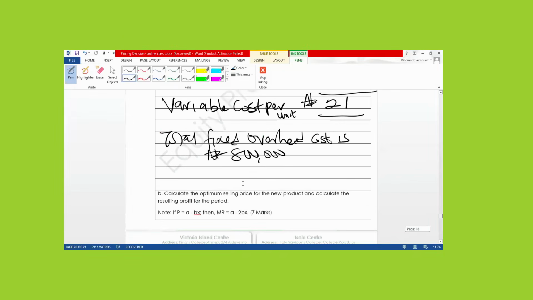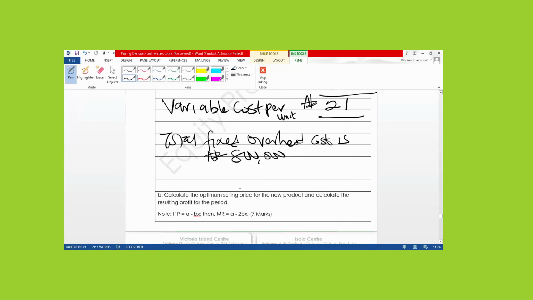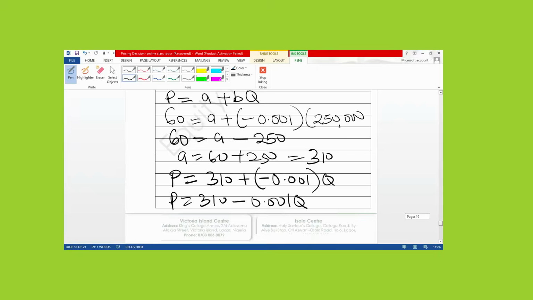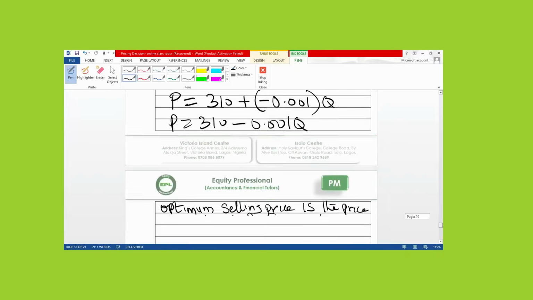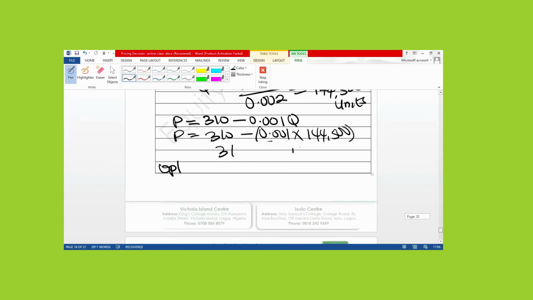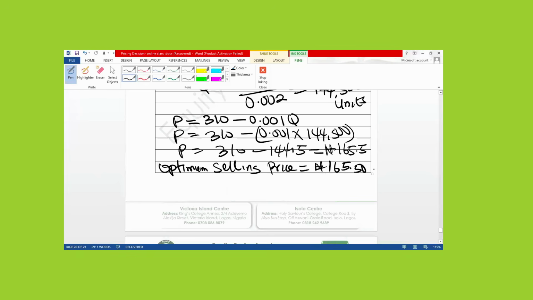The examiner says, calculate the optimum selling price for the new product and calculate the resulting profits. We can get the resulting profits.